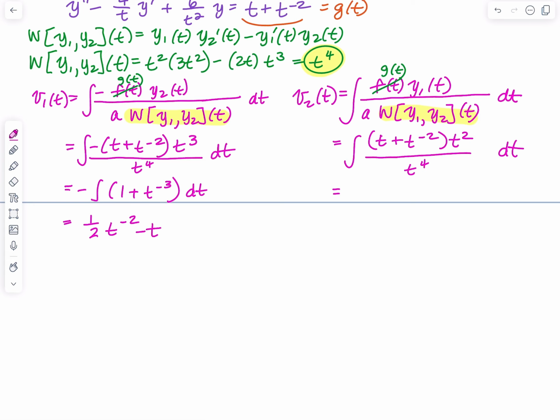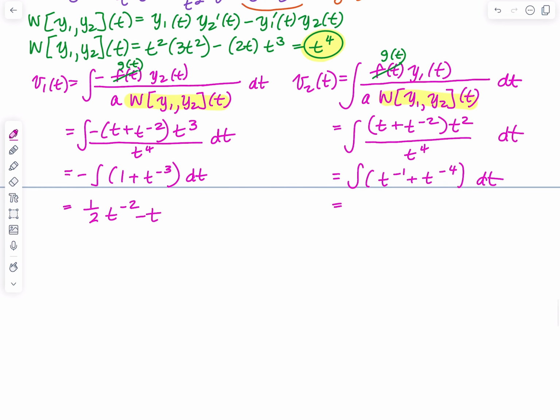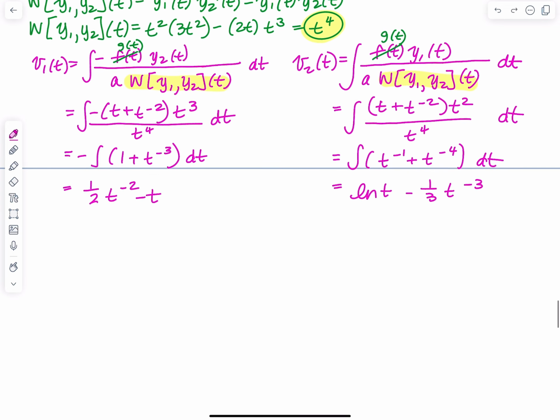Here for v2 of t, we will have the integral of t to the negative 1 plus t to the negative fourth dt, and we will have the natural log of t minus 1/3 t to the negative 3. And you can see here we'll have a t cubed divided by t to the fourth, and so forth. The algebra is pretty simple.